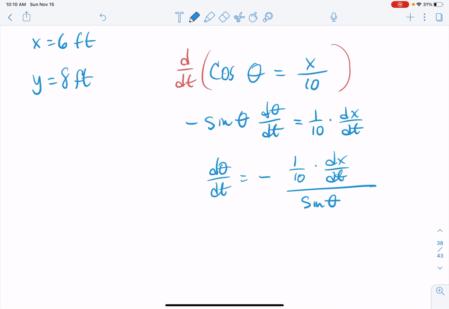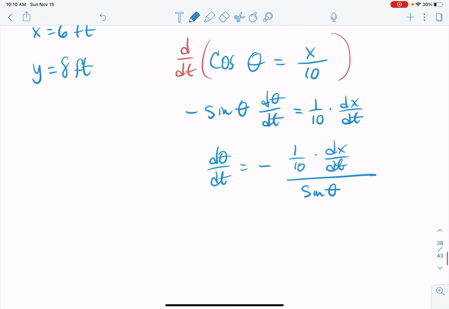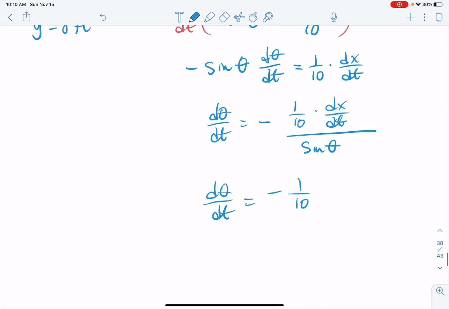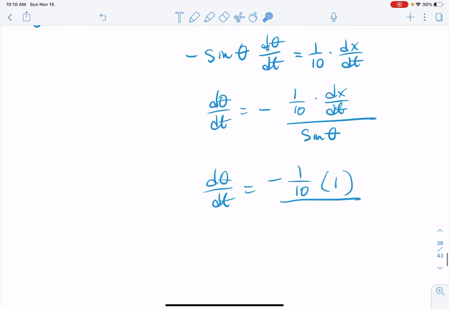Okay, all right then. I think that we're ready to plug stuff in, aren't we? Let's try it. d theta dt is equal to negative 1/10 dx dt, which, if you will recall, is just 1, over, oh, what about this? The sine of theta. We don't even know theta. But come on, we don't need to know theta. I'm going to draw a picture here. Let's pretend that the triangle is facing this way.